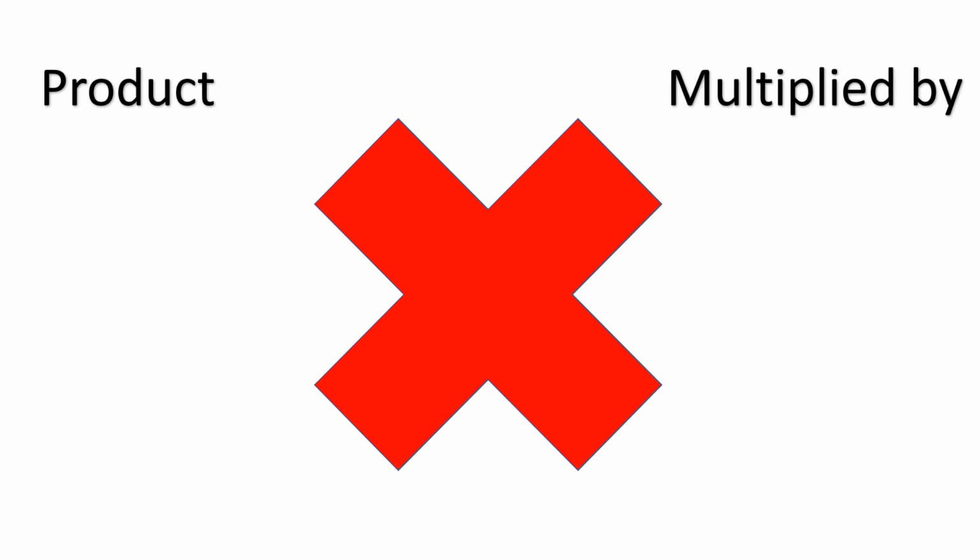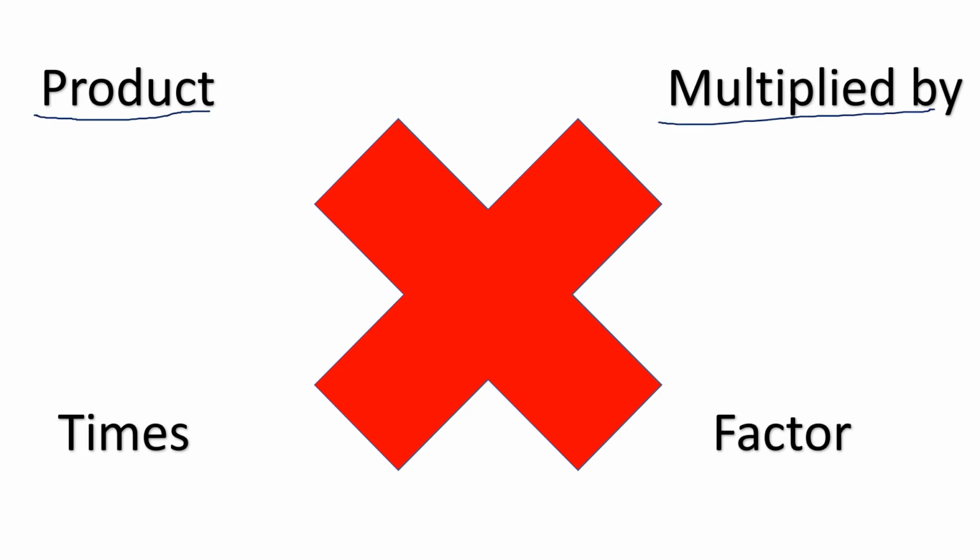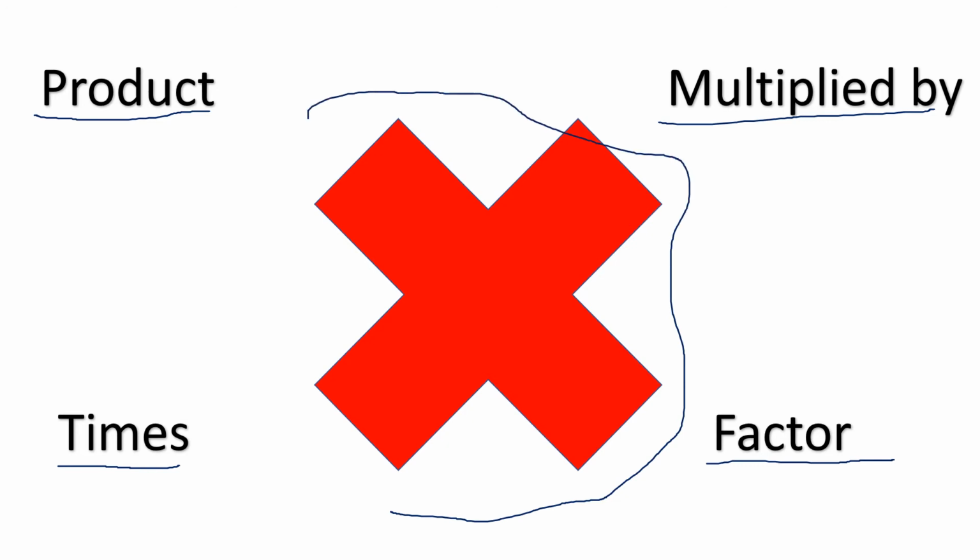This is our multiplication sign. When we see the words product, multiplied by, factor, and times in a word problem, we know we will be multiplying.